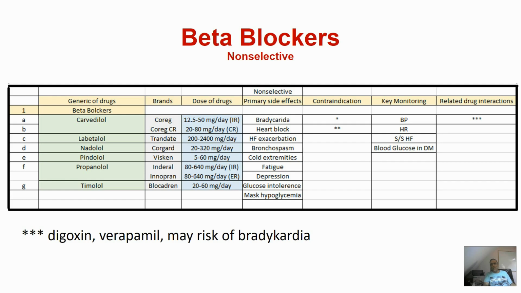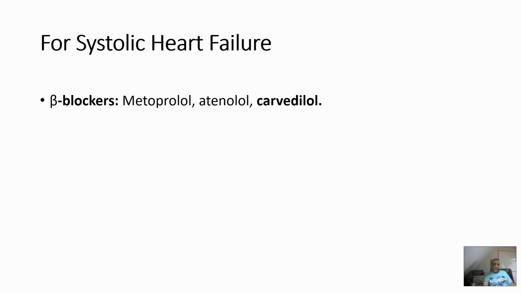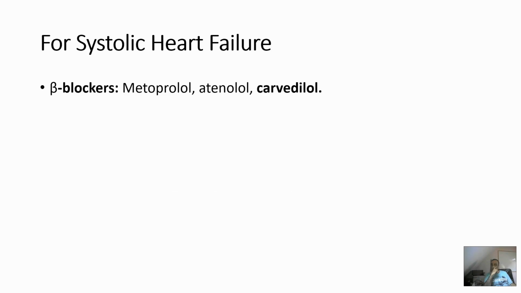Also regarding drug interactions, we have to care about heart rate, and some drugs can cause bradycardia with these groups, like digoxin and verapamil. For systolic heart failure, we mainly use beta blockers, Metoprolol, Atenolol and Carvedilol.